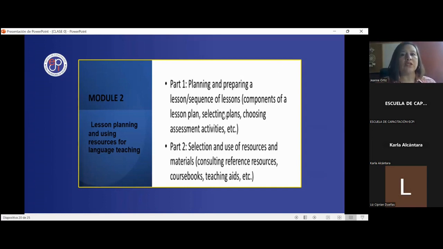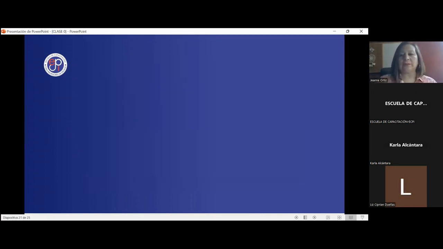Selecting plans, choosing assessments, selecting and use of resources, what kind of resources we need, consulting reference resources, maybe dictionaries, magazines, web pages, course books, what kind of course book we need to choose according to the level of our students, according to their multiple intelligence, abilities, teaching aids as well.